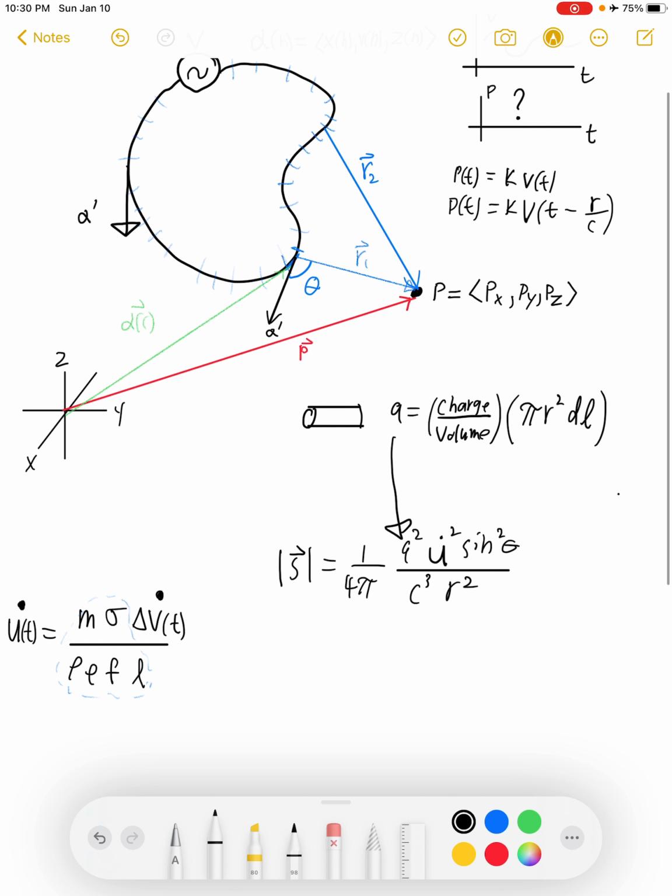Okay, sine theta. Well, I can't tell you what theta is, but I could tell you that cosine of theta is equal to the dot product of a unit vector in the direction of R1 with a unit vector in the direction of the unit tangent.